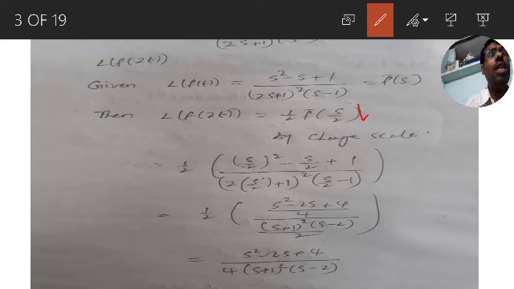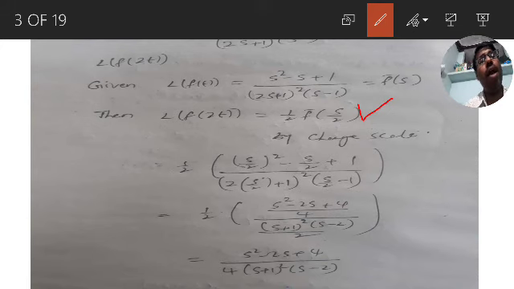So this is the thing by change of scale property. This is what we have to find. We have the formula for finding L of f of 2t by using change of scale property.